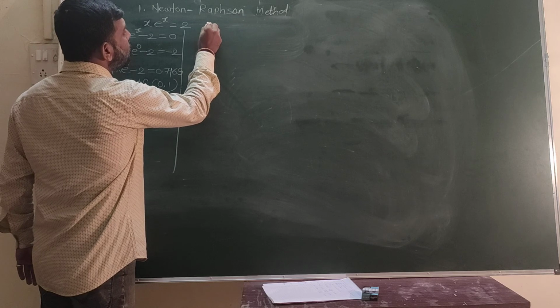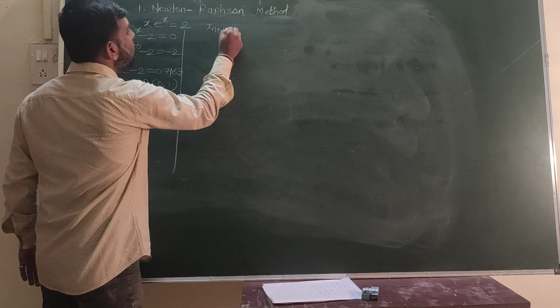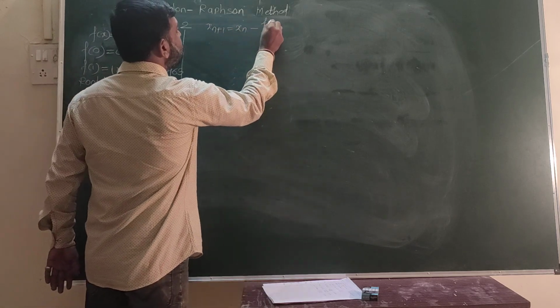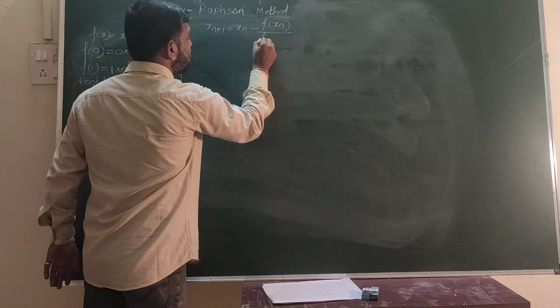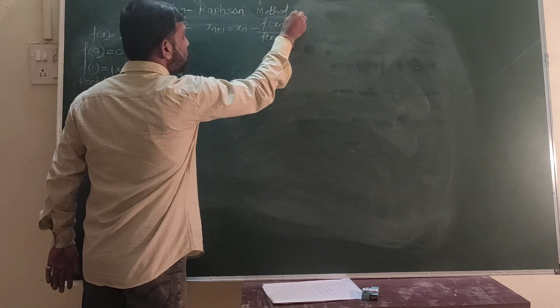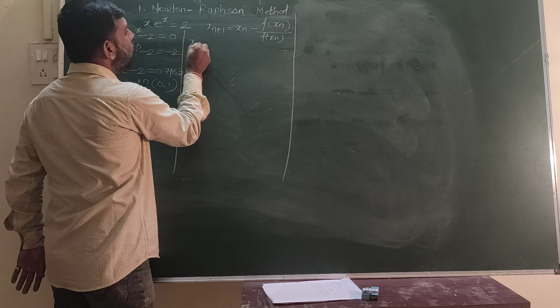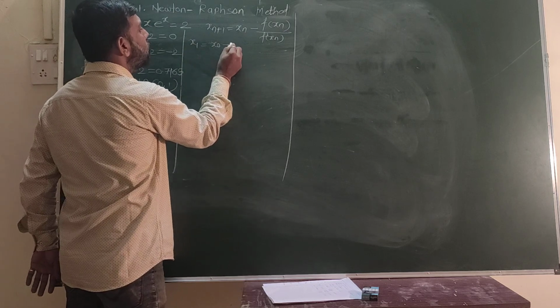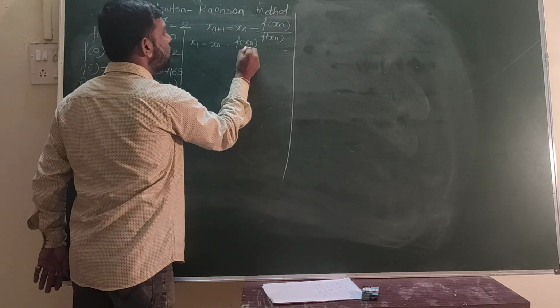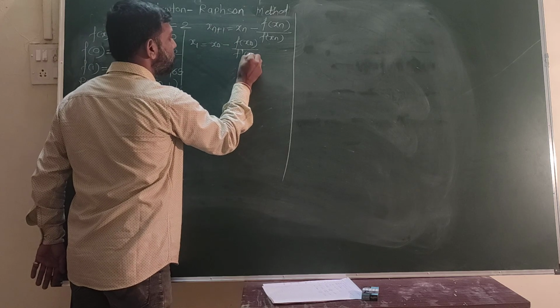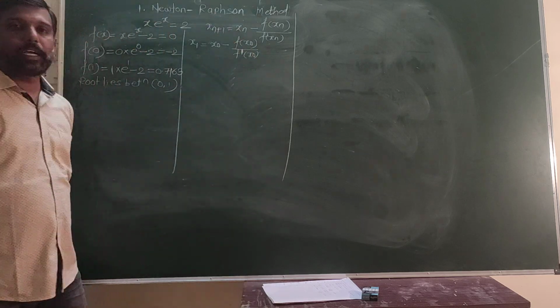So here we know the formula for Newton-Raphson: the first value x1 is x0 minus f of x0 upon f dash of x0.